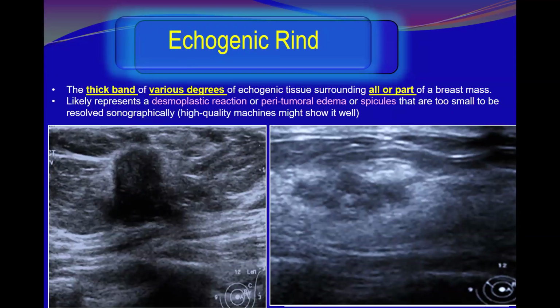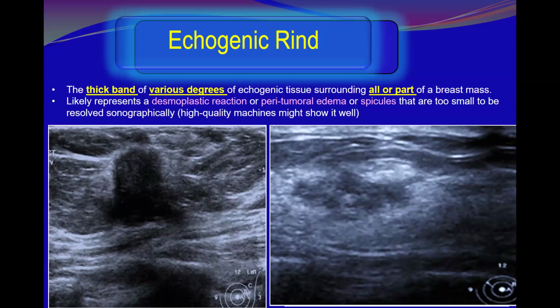This thick band of various degrees of echogenic tissue surrounds all or part of the mass, and likely represents desmoplastic reaction or peritumoral edema or spicules too small to be resolved by ultrasound.